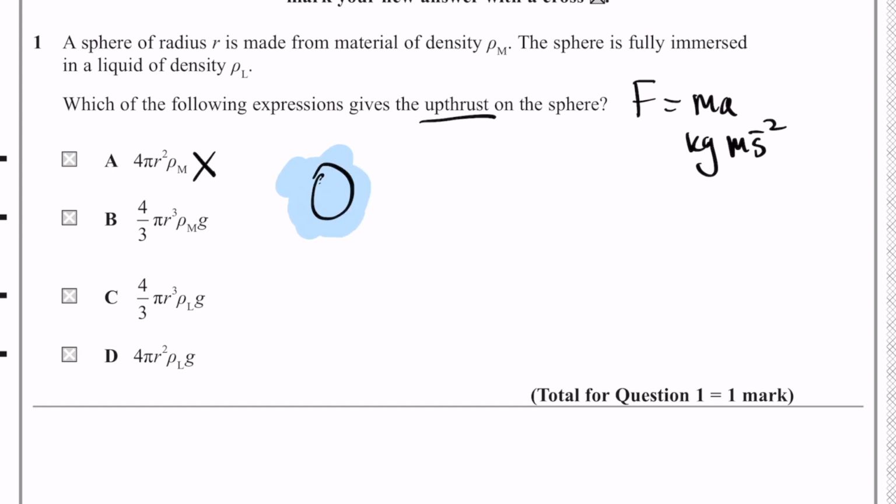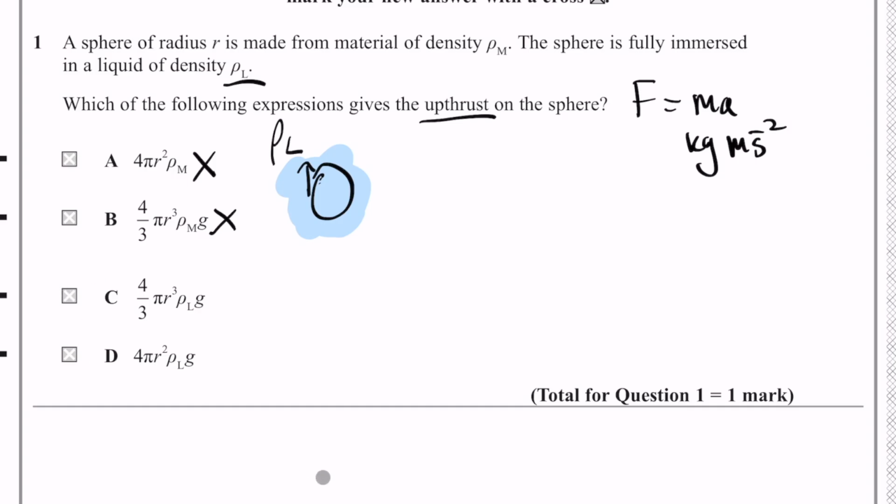How much upthrust it will experience will definitely depend on the density of that material, which in this case is given by the letter rho with a subscript L, rho L. So it's most likely not going to be equal to this one, because this does not have the density of the liquid in there. Okay, so it's either C or D.